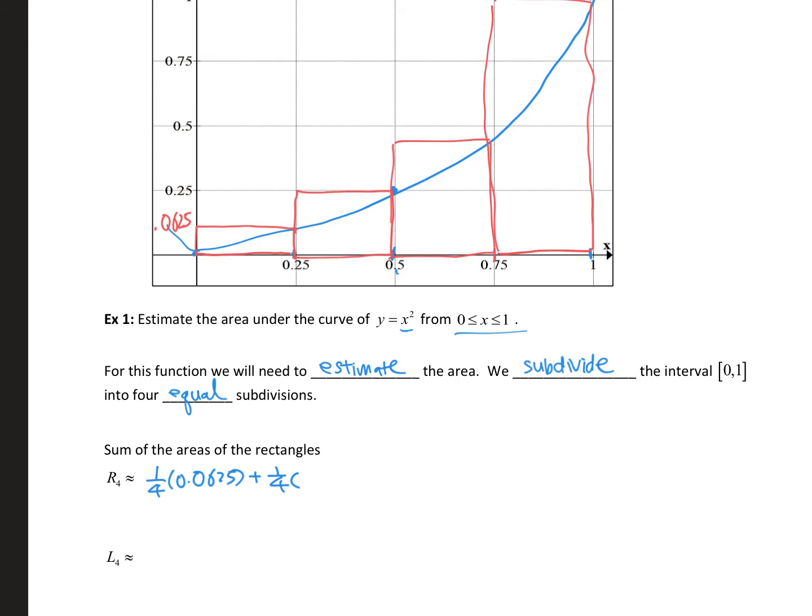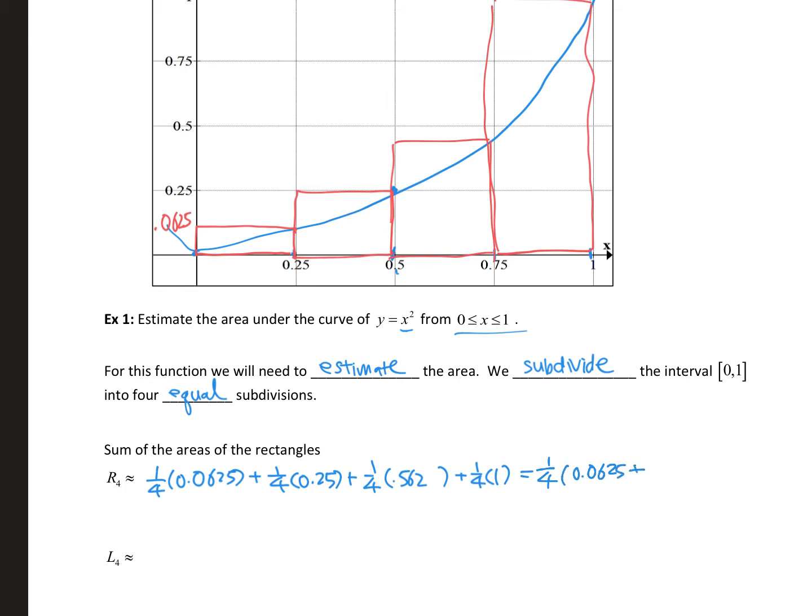So 0.25. And so on and so forth, plus 1/4 times the third one, which is 0.75 squared. If you calculate that out, you're going to get 0.5625. Plus 1/4 times the last one. 1 squared is just 1. That's nice, right? So basically, I'm just going to calculate that out. Maybe there's a little bit of a shortcut. I noticed there's a 1/4, 1/4, 1/4, 1/4, so I'm going to just factor that out.